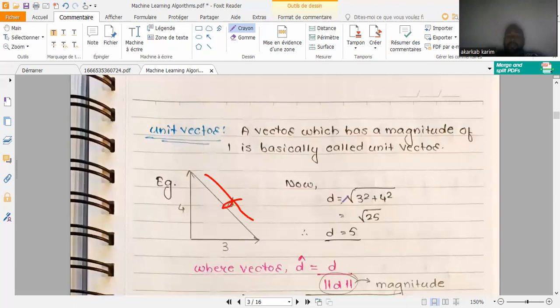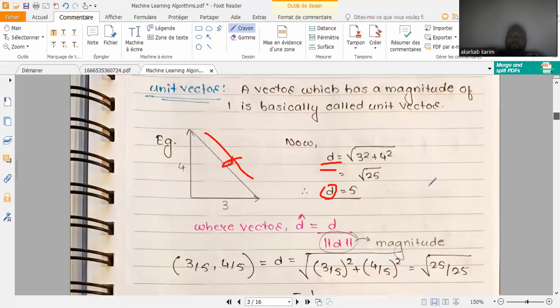If we calculate this D based on the example that we have here, D equals the root of 3 squared plus 4 squared, equal to the root of 25, and D is equal to 5. So in this case, D is equal to 5. It's the Pythagorean theorem in mathematics.